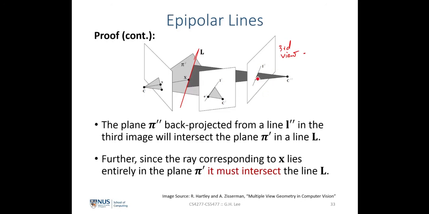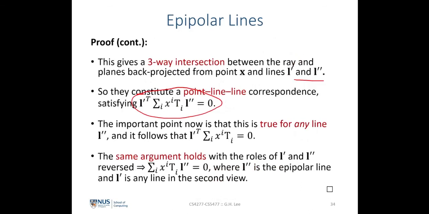But this L'' over here in the third view can be any arbitrary line. So what this means is that the following relation must be true. Since L'' can be any line, and in general this L'' here will not be zero.